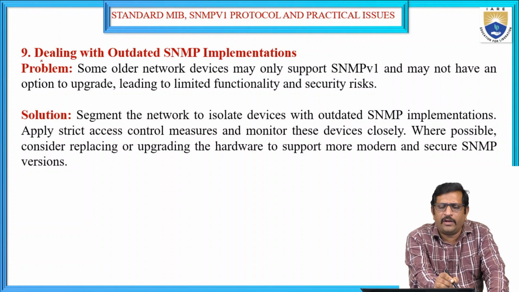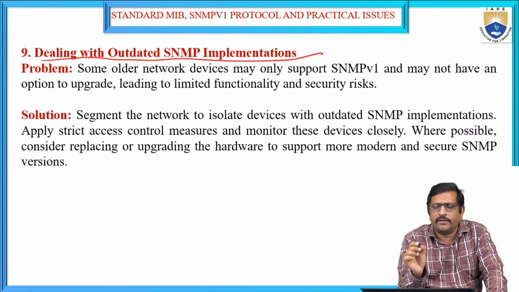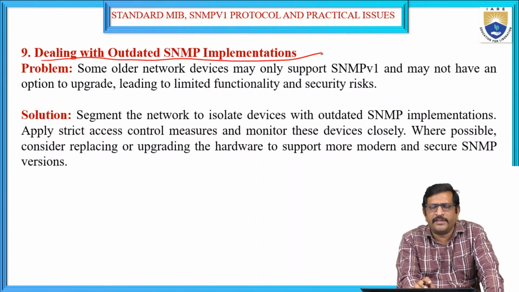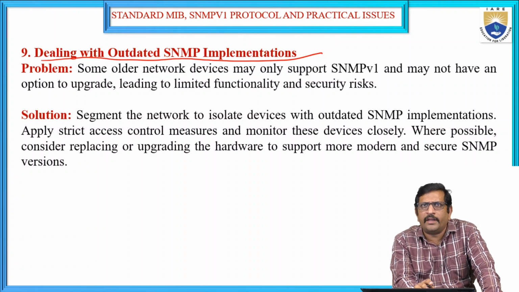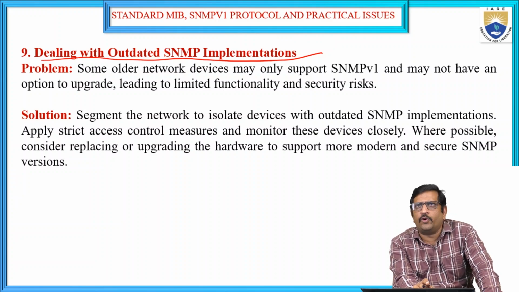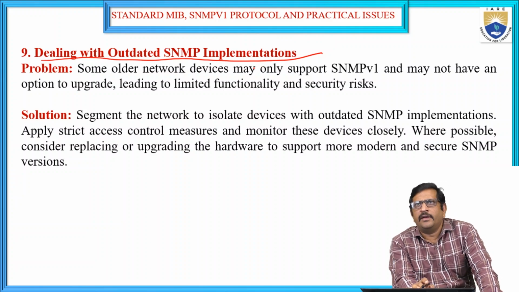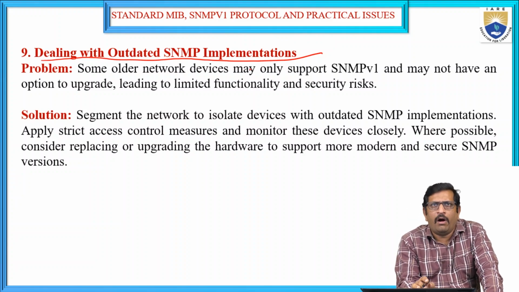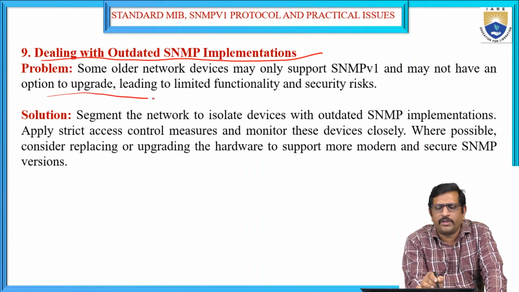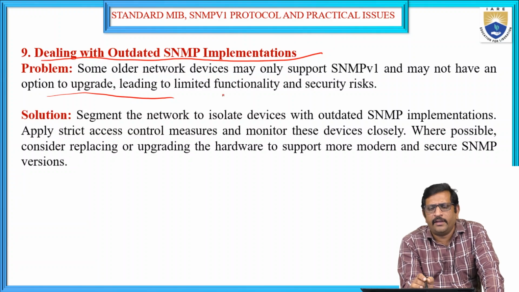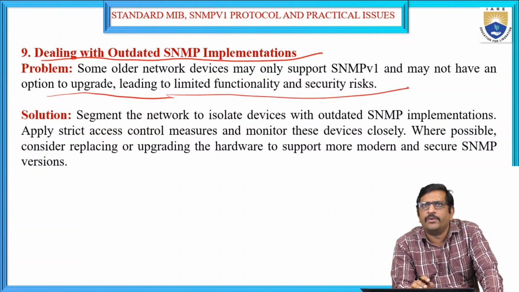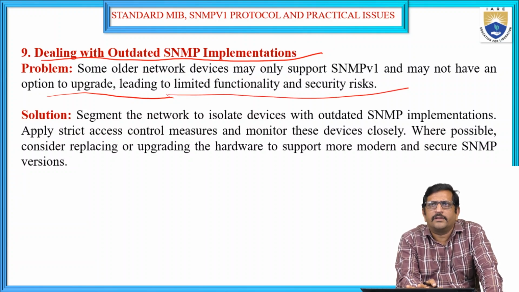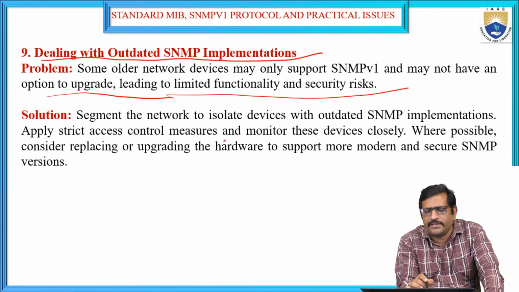If you are utilizing outdated SNMP implementations, some of the older network devices may only support SNMPv1 and may not have the option of upgrading, leading to functionality and security risks. The solution for that is segmenting the network to isolate the devices.